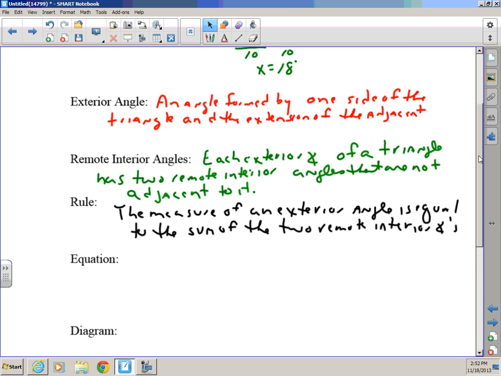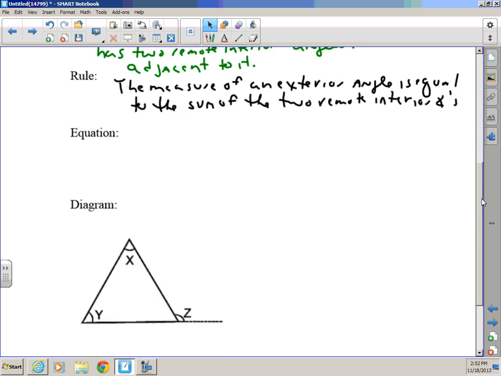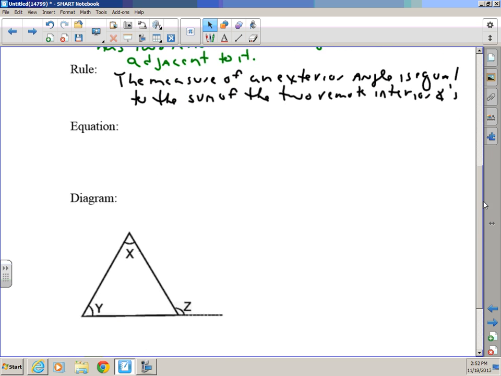Okay, so let's now look at this through some diagrams, because it'll make it a lot easier. If we look at the diagram below, you'll see that angle Z is the exterior angle, and X and Y are the interior. X and Y are remote to Z because they're not anywhere near it. The angle inside the triangle that's near Z would be this angle here. So in this diagram, what we're saying is if you add X and Y, it's going to be the same measure as Z. So let's do that with some very simple numbers.